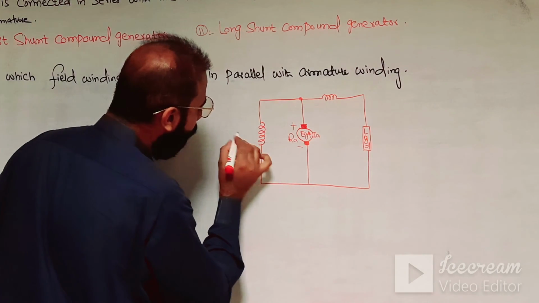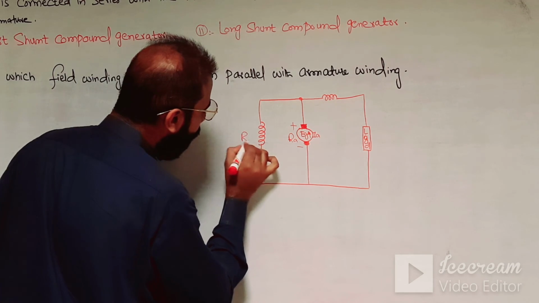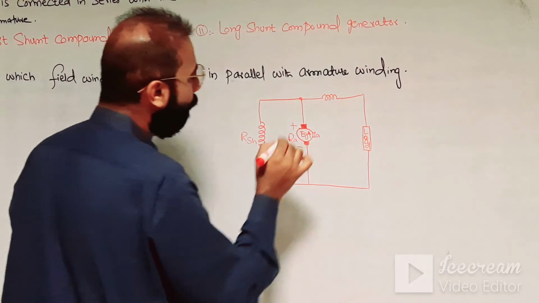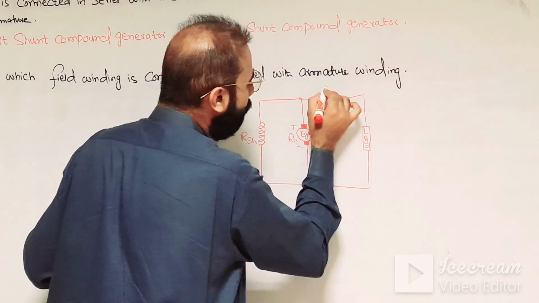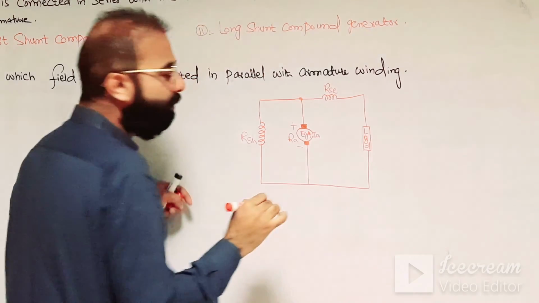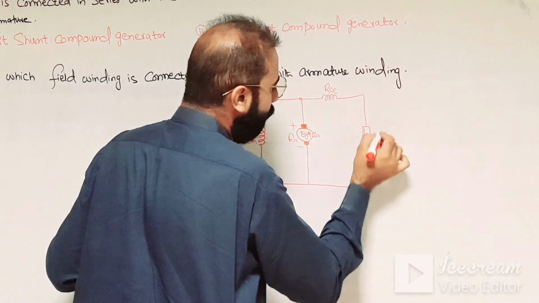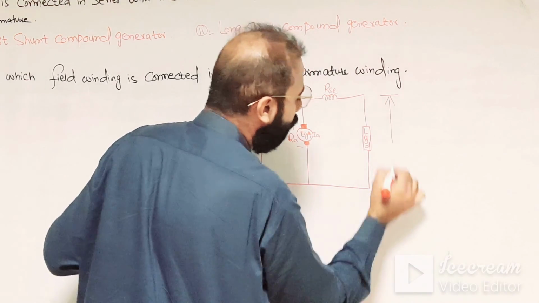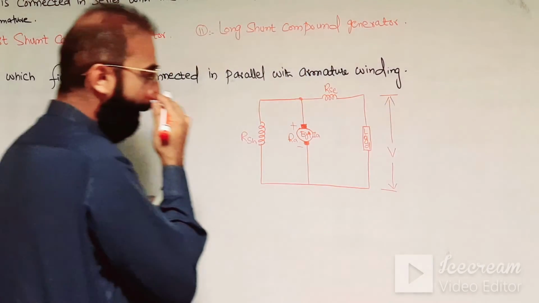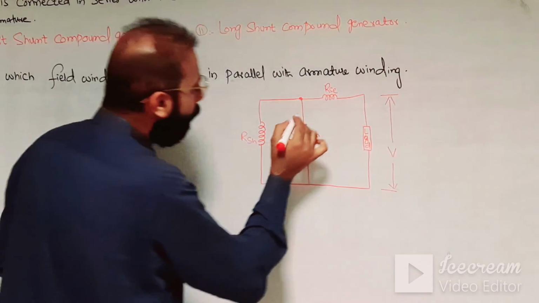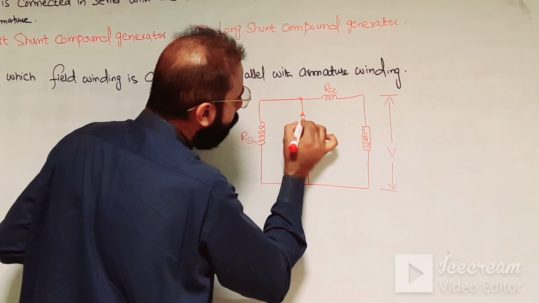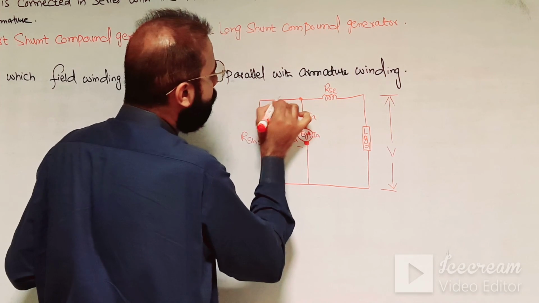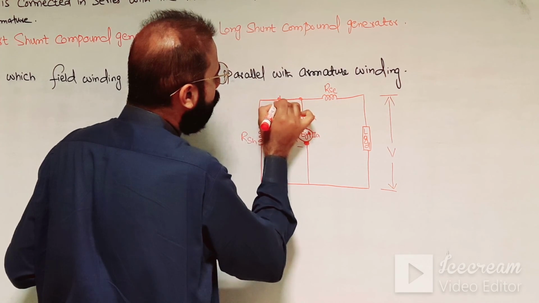Here this is the field winding. So here R shunt is represented as the resistance of the shunt field winding, and here this is the resistance of the series field winding, and this is the load where we will get the terminal voltage V. Now here the armature current is divided into two parts.